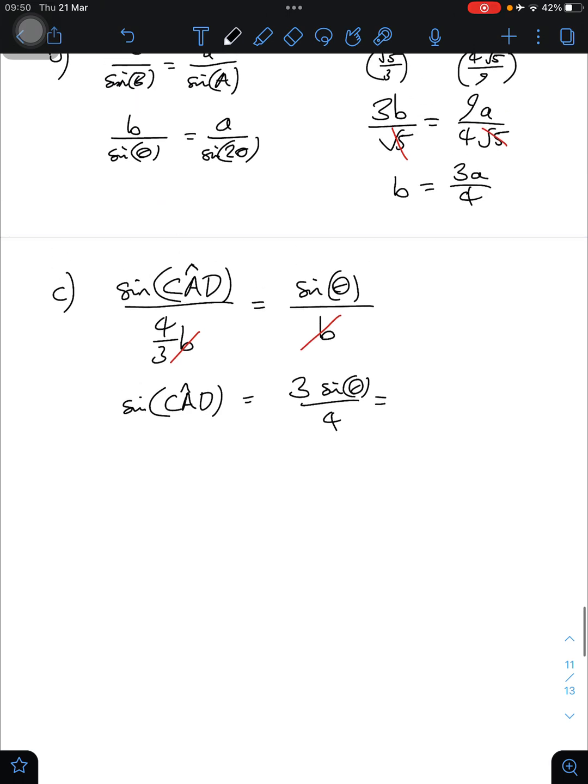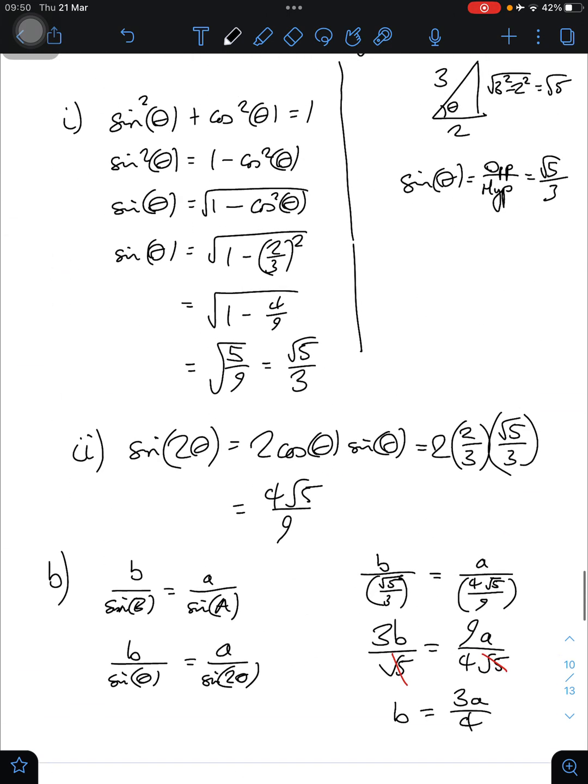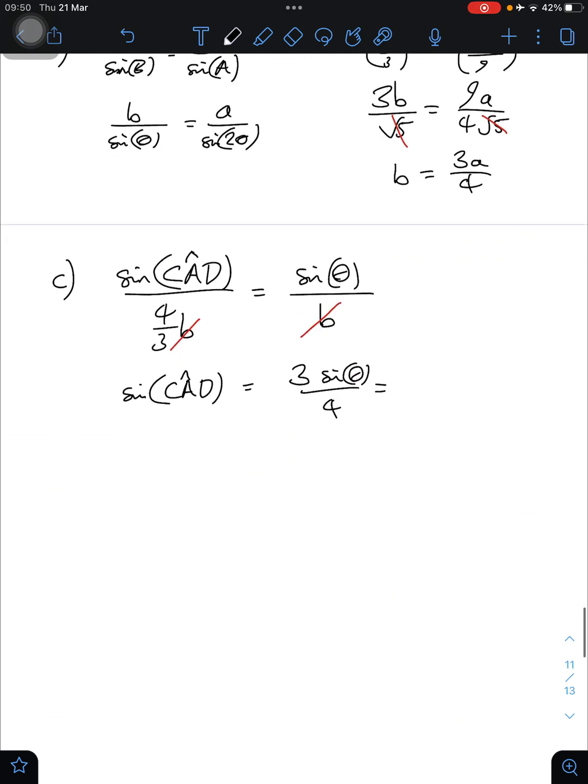And so sine theta we've also found before as square root 5 over 3, and so we've got 3 over 4 lots of square root 5 over 3, and so what we get is square root 5 over 4.